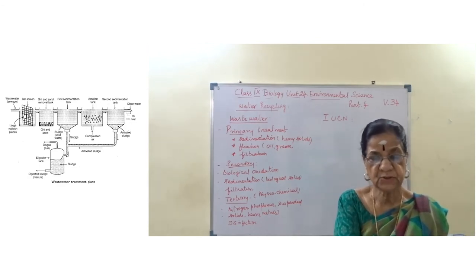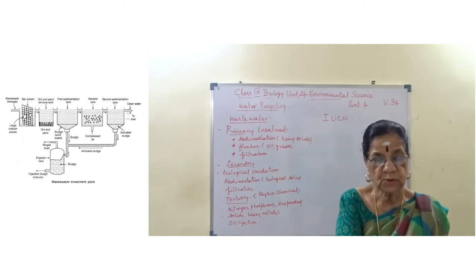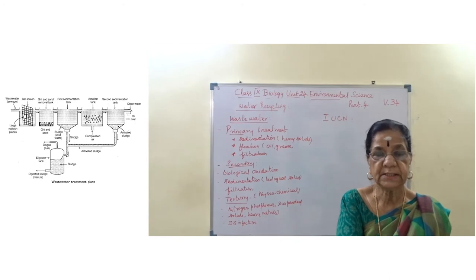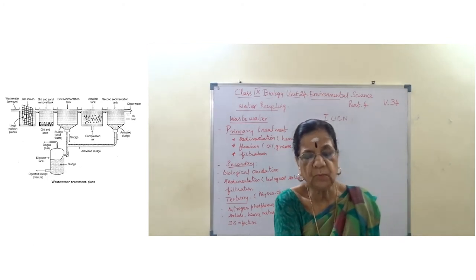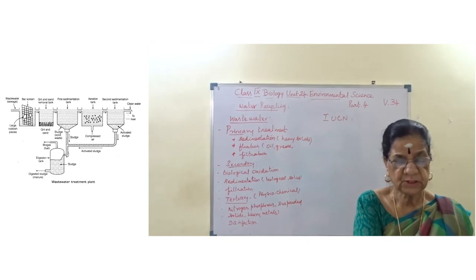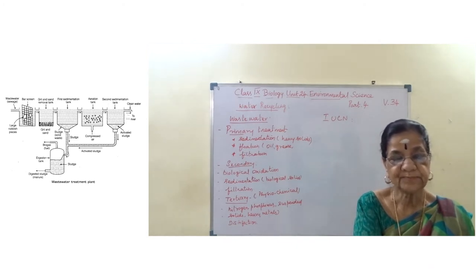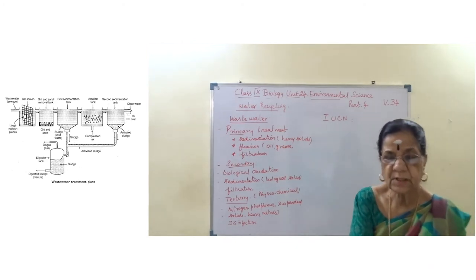The mission of IUCN is to influence, encourage and assist societies throughout the world to conserve the integrity and diversity of nature and to ensure that any use of natural resources is equitable and ecologically sustainable. Go through the mission of IUCN.